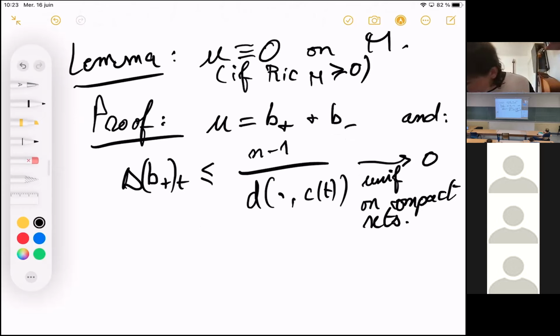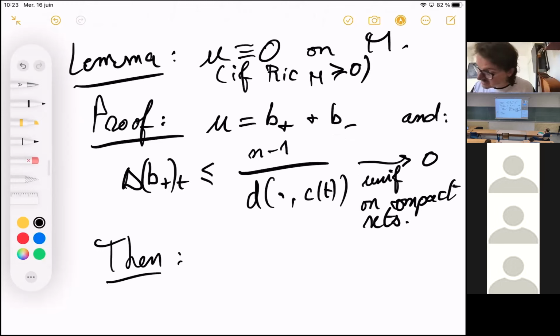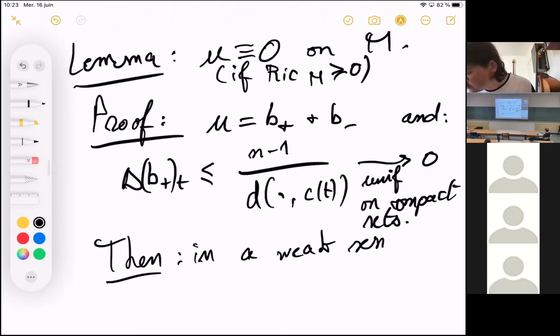So what that tells you is that in a weak sense, for instance in the barrier sense, the Laplacian of B plus, this is the limit as t goes to infinity, the Laplacian of B plus is less than 0.